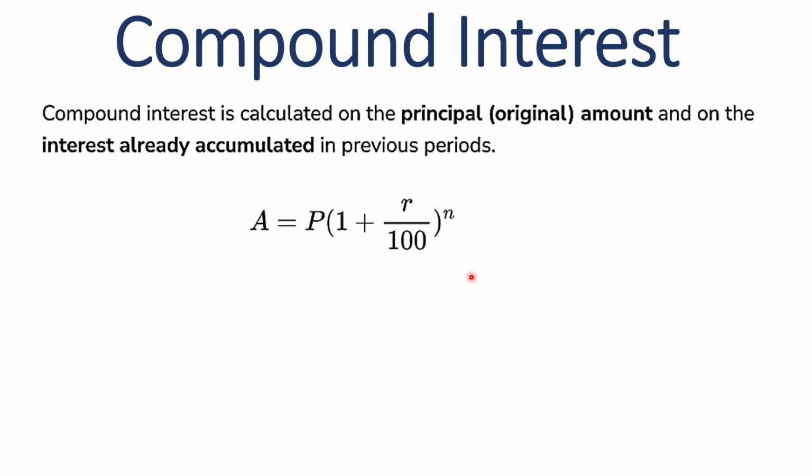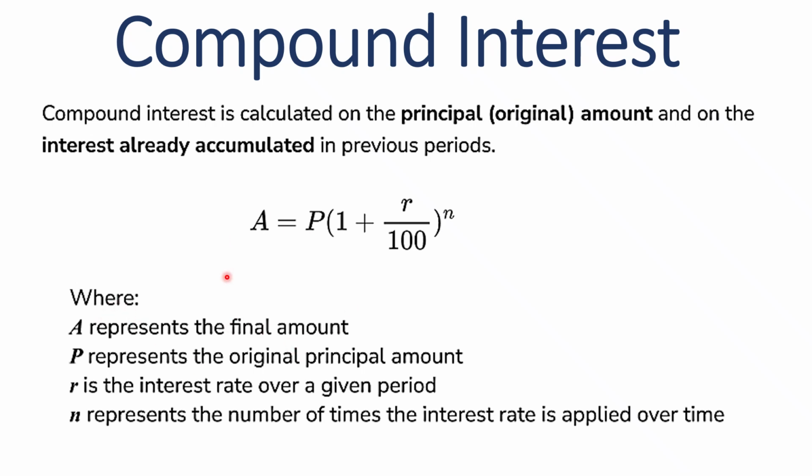We use A, meaning the total amount, which equals P, the principal amount, times (1 plus R divided by 100) in the bracket, to the power N, because for every year we are calculating interest. A represents the final total amount you will be paying.